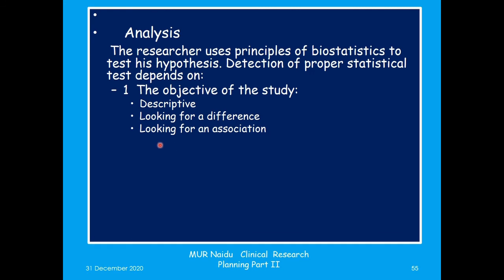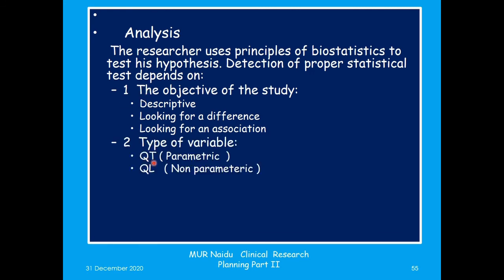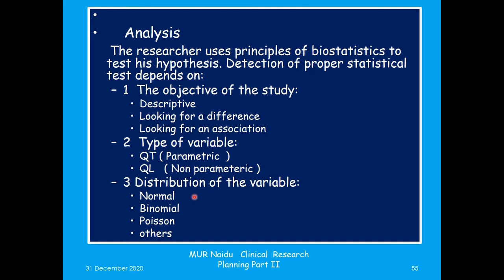Number two, the type of variable, whether it is parametric or non-parametric, and number three, the distribution of these variables, whether the distribution of variables is normal, binomial, Poisson or others.